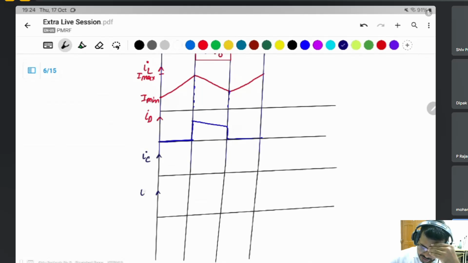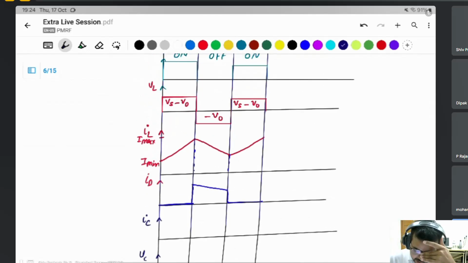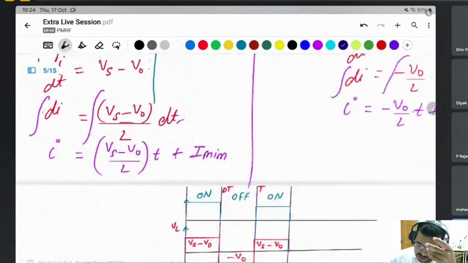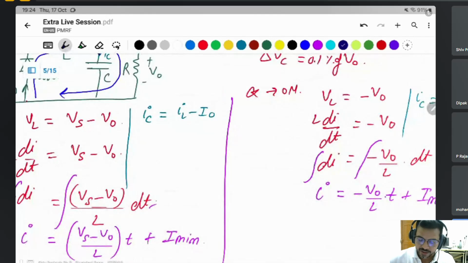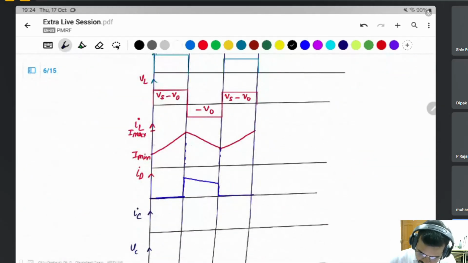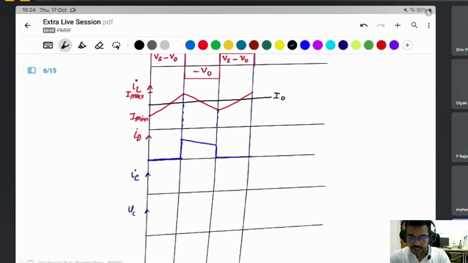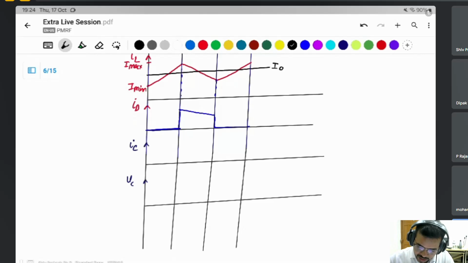Capacitor current and capacitor voltage. For the capacitor current, this will be IL and this will be I naught, so the capacitor current is IL minus I naught. I naught is the average current of IL in the buck converter. It is the average of this one. If we subtract I naught from the inductor current, then the capacitor current looks like this.